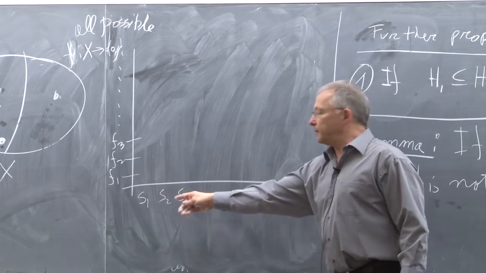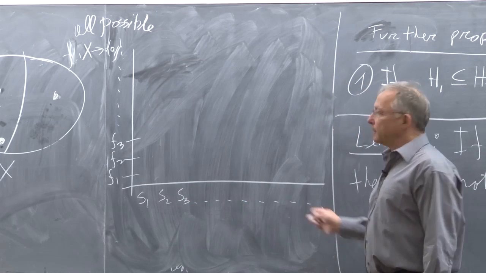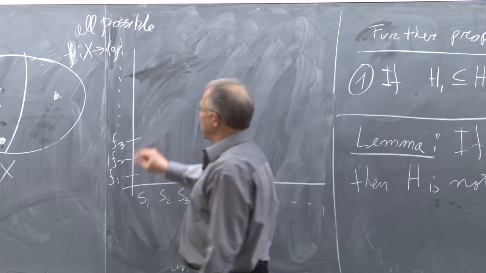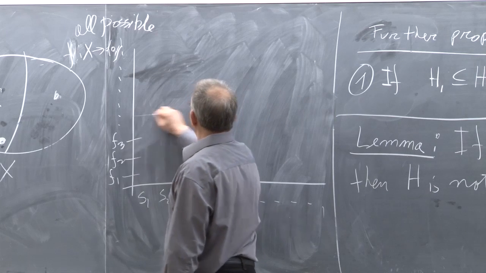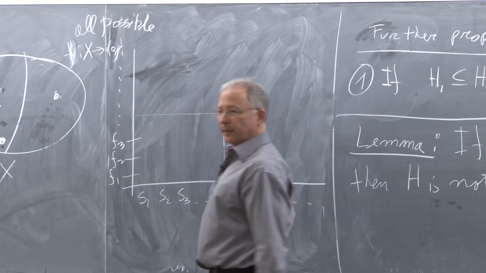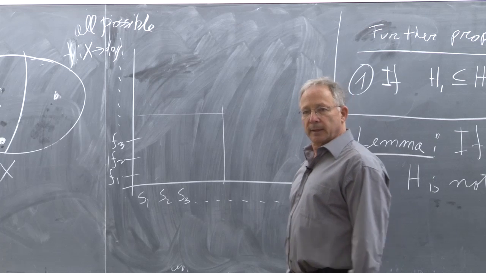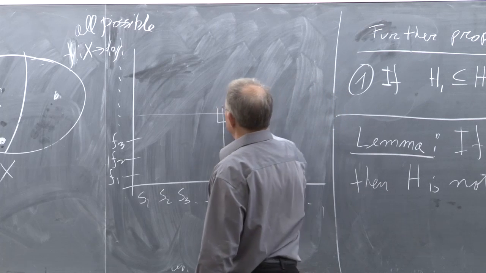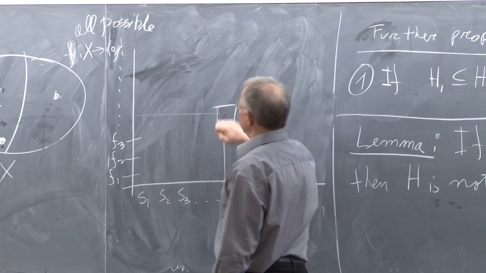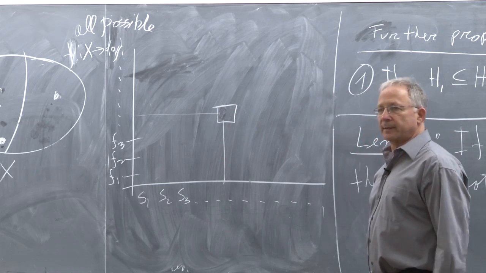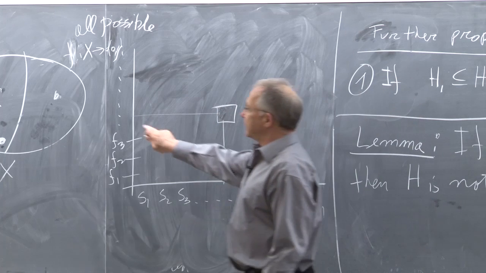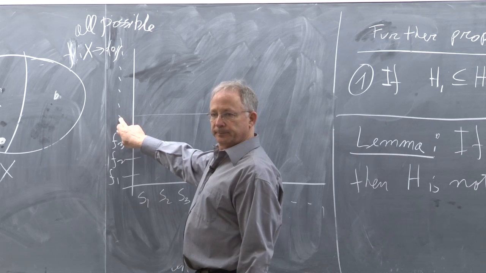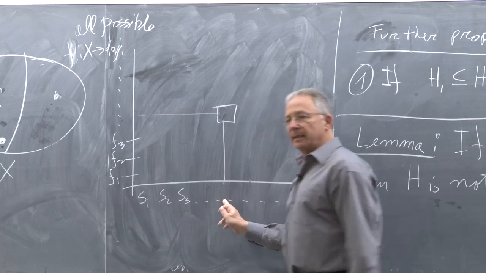This is all possible m over 2 tuples of points. And now I want to tell you what to write in an entry of this matrix. In an entry of this matrix, I have some labeling function, and I have some sample.